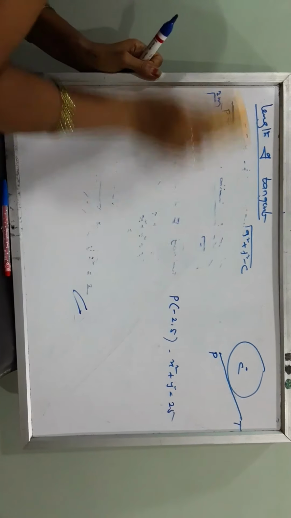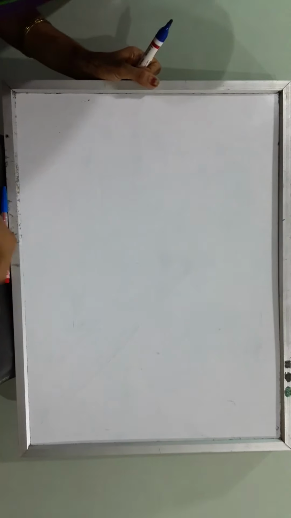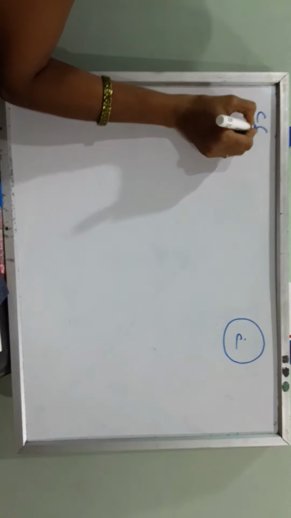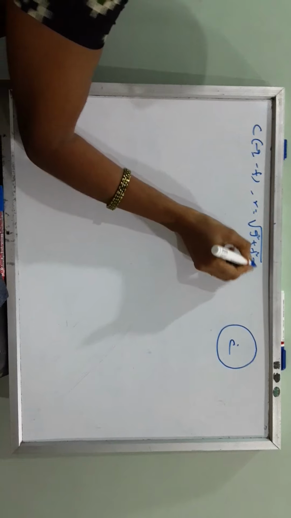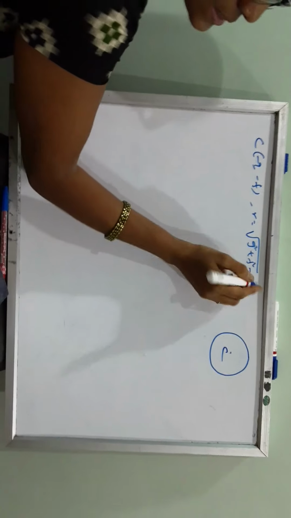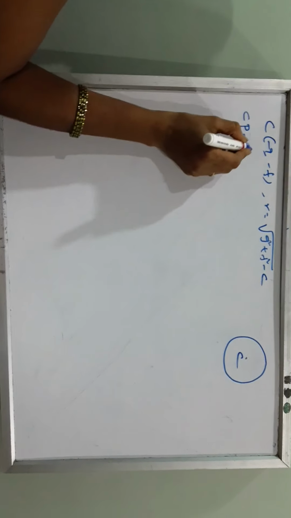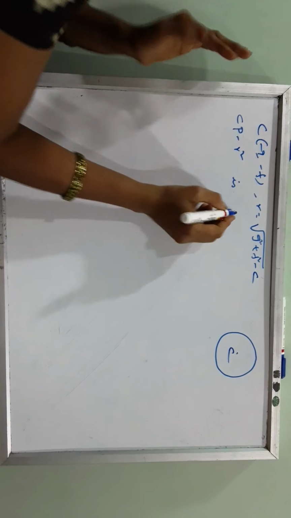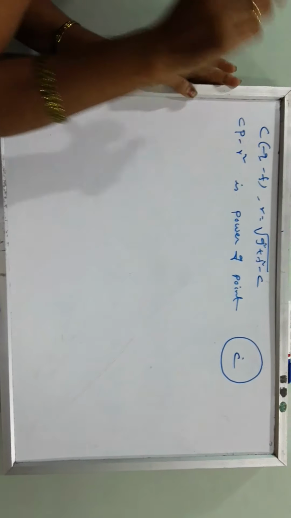Next one is power of a point. Let us take C (minus g, minus f), and the radius is under root g square plus f square minus c. Here CP square minus R square is called the power of the point with respect to the given circle.